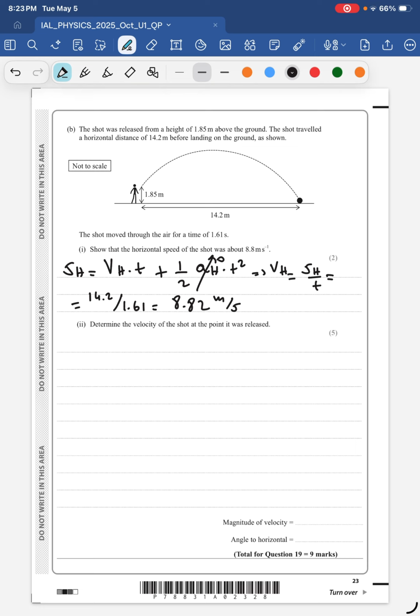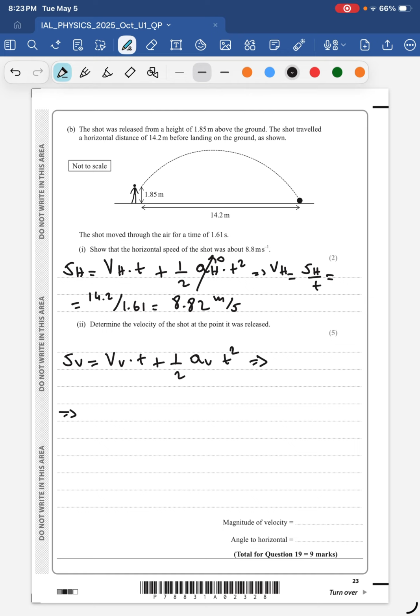Okay, question 2. Determine the velocity of the shot at the point it was released. So they mean the magnitude here. Okay, it's kind of tricky and not clear the way it's asked, but okay, let's find the vertical velocity. So in the vertical direction, we have that s vertical is equal to v vertical times time plus 1/2 the acceleration in the vertical direction times t squared.